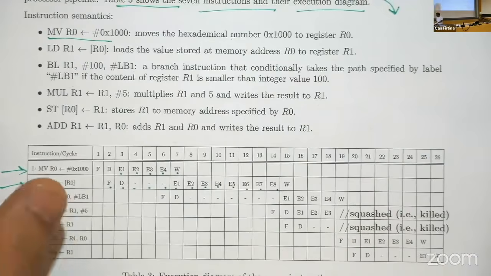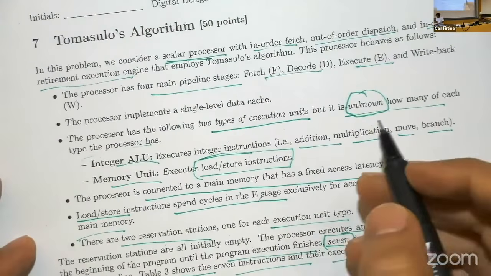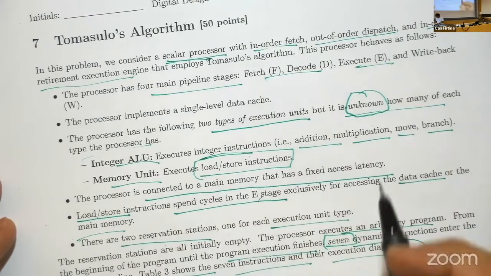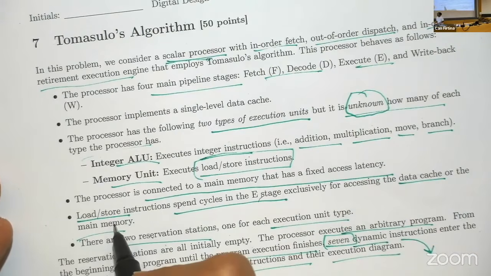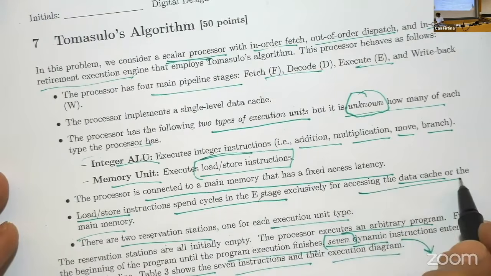This question gave us a very important data point. If you remember, it said clearly that load store instructions spend cycles in the E stage exclusively for accessing the data cache.